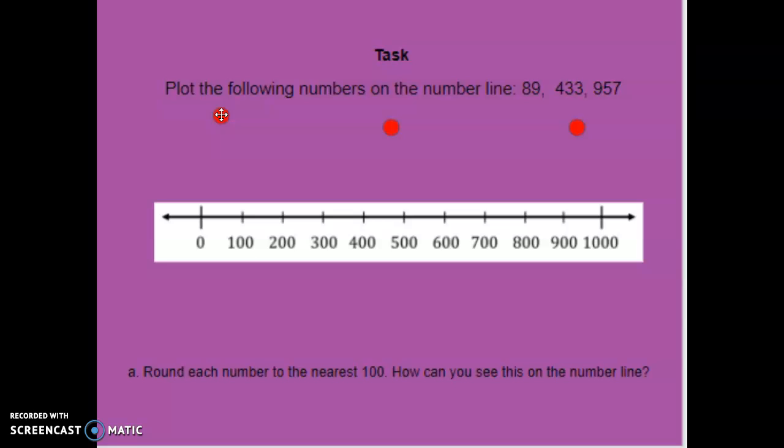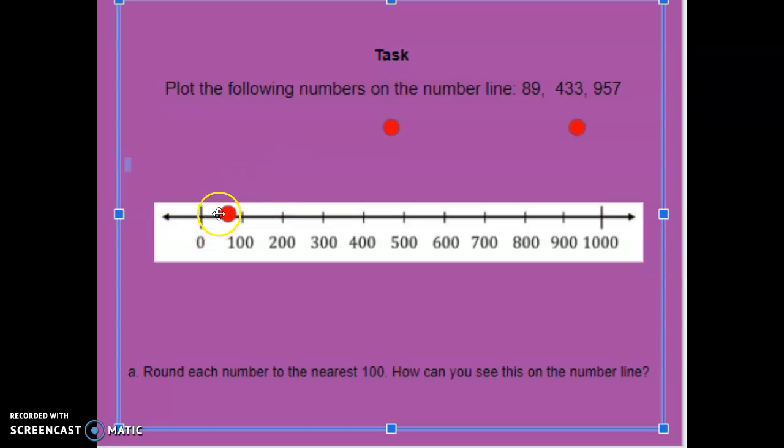Is it less than 50 or is it greater than 50? If you're counting, you know that 89 is after 50, so it's going to be somewhere on this number line a little past 50. And my dots are a little big, so it's kind of hard to see it, but it's not right in the middle. It's a little closer here.